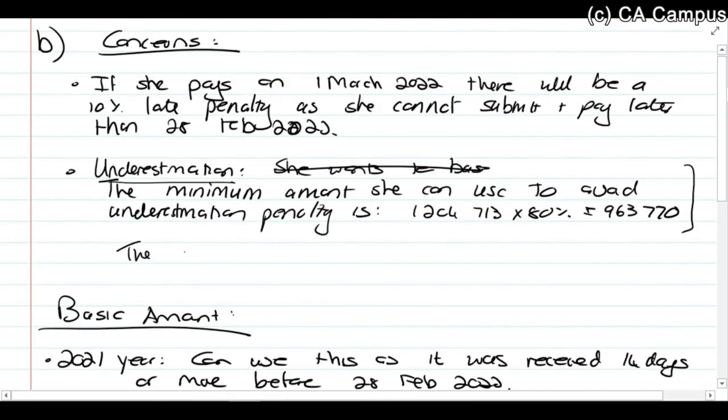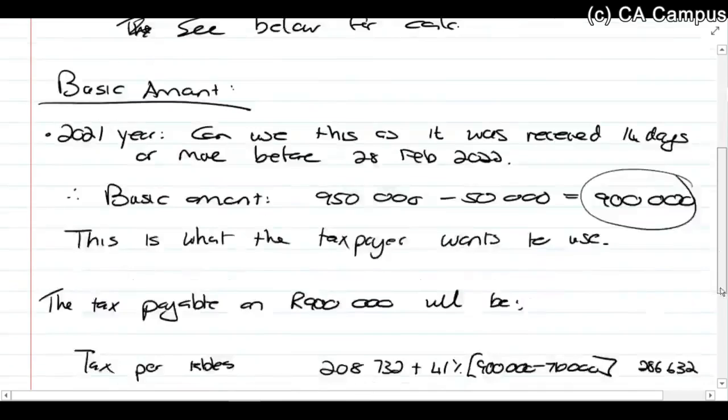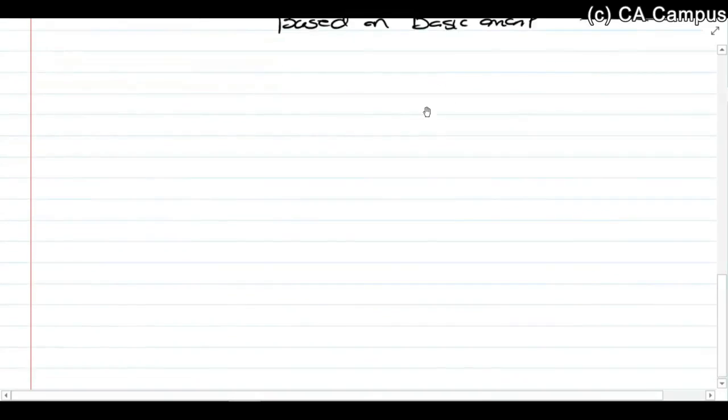I'm going to say C below for calculation. I'm just going to change color here to distinguish. So, the underestimation penalty.